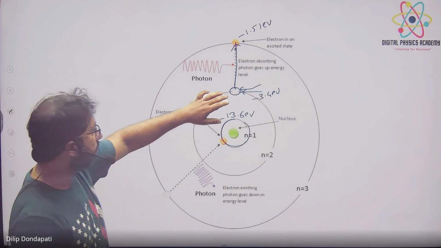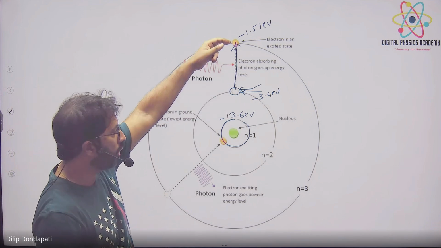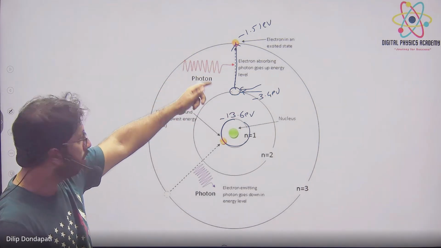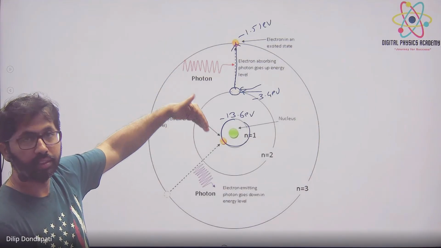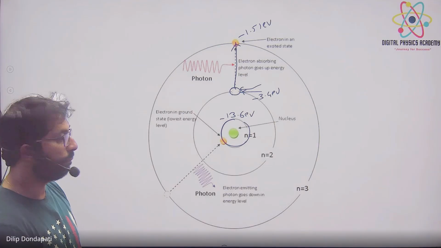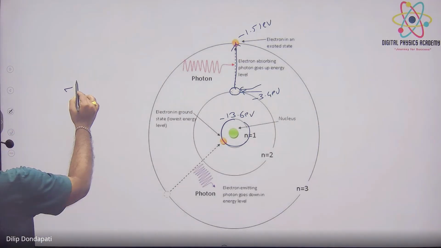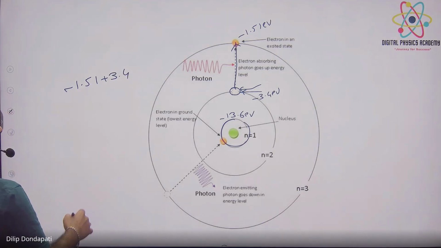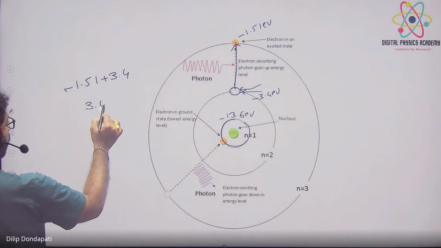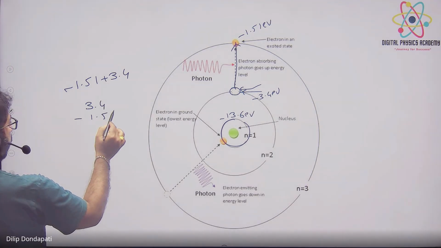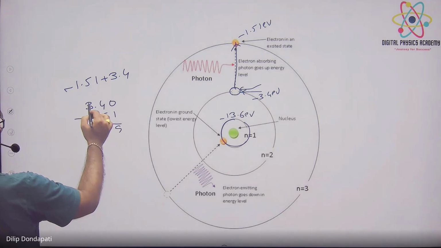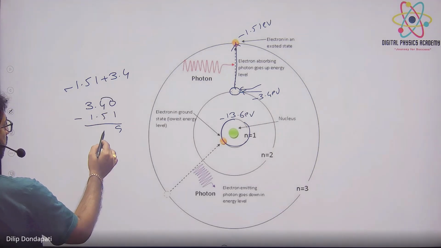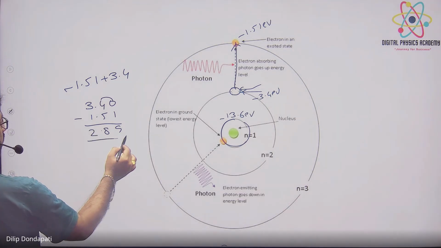Now find the energy difference: final minus initial. So -1.51 plus 3.4, subtract. 13 minus 5 is 8, 1.89.